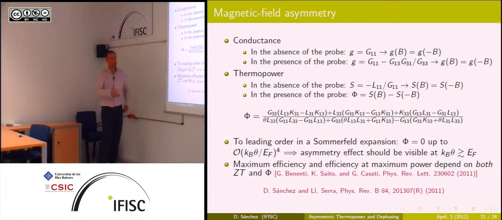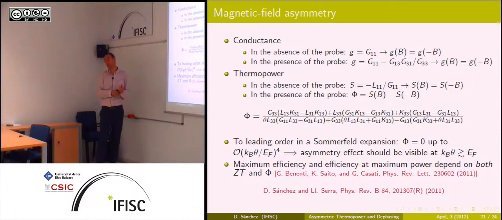If we now make a Sommerfeld expansion, the thermal conductance is given essentially by the electric conductance. This is just the Wiedemann-Franz law. And then the magnetic field asymmetry just becomes zero. No asymmetry. So it's a higher order effect in the Sommerfeld expansion, so it can be seen only if temperatures are of the order of the Fermi energy.